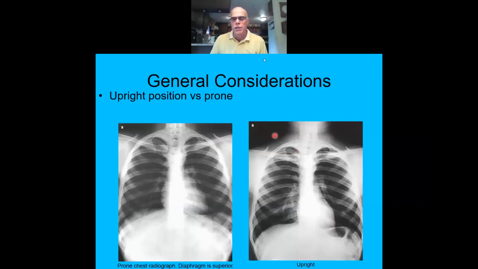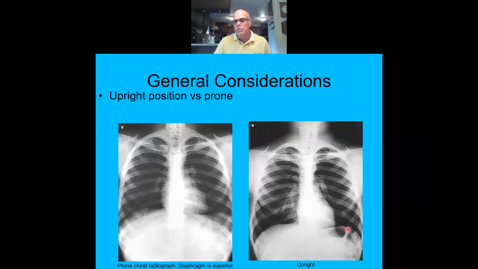General considerations here, upright position versus prone. This here is done prone, and the reason we know this, and I've already brought it to your attention one time, notice the gastric bubble right here. When a person is standing upright, there is always air in the stomach. And what this does, it gravitates and gets caught underneath the diaphragm. It's still within the stomach, but it's there underneath the diaphragm.